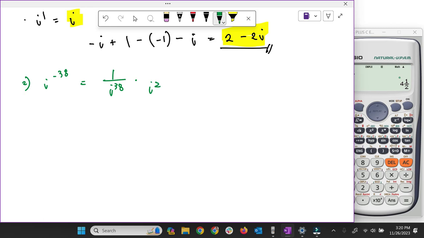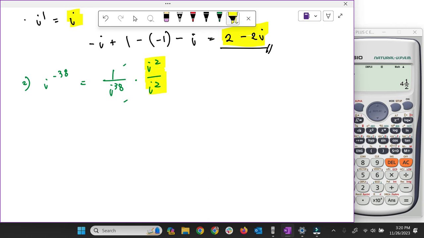Pero diba, as much as possible, kapag may ginalaw tayo, for example, we have the two parts here. We have the numerator and the denominator. Kapag may ginawa ako kay denominator, dapat may gagawin din ako kay numerator. Para kunwari, walang nangyari. So, kung nag-multiply ako ng i squared kay denominator, kailangan mag-multiply din ako ng i squared kay numerator para kunwari, wala akong ginawa.